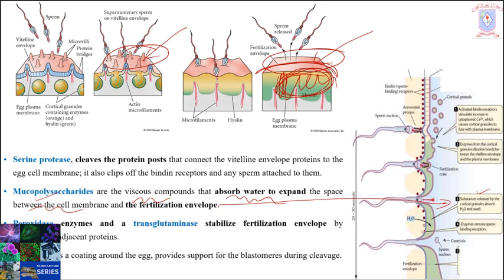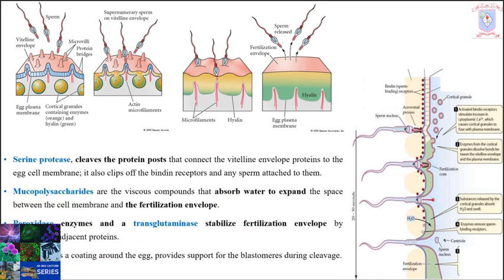The third component inside the cortical granule is the peroxidase enzyme and transglutaminase, and these two enzymes stabilize the fertilization envelope by cross-linking the adjacent proteins. And the fourth one is hyalin, which forms a coating around the egg, like this one, and provides support for the blastomeres during cleavage.